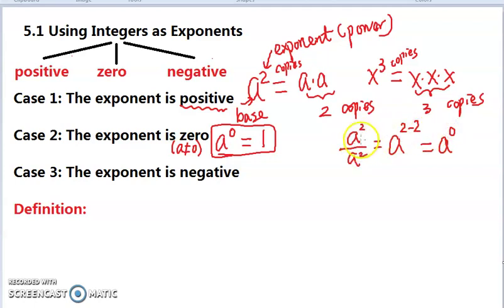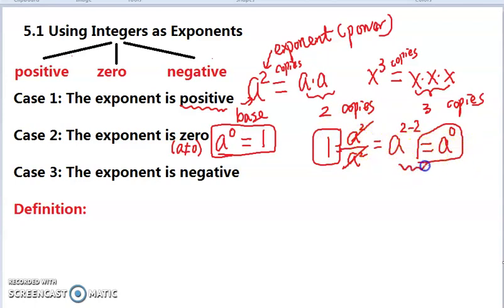But we also know a squared divided by a squared, they can be canceled because the same number divided by the same number, we should always get 1. So that's how we prove a to the 0 power has to be equal to 1, because we solve the problem by 2 different ways.